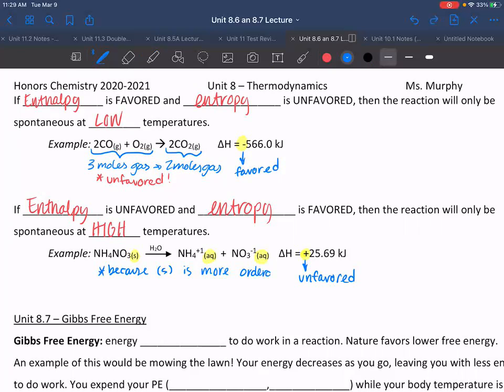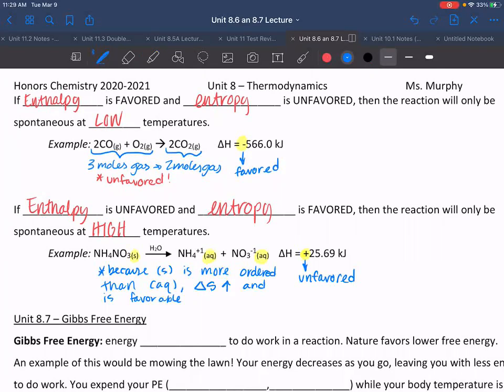Then aqueous, delta S decreases, or sorry, increases and is favorable. All right, any questions on kind of this breakdown, introduction to entropy?